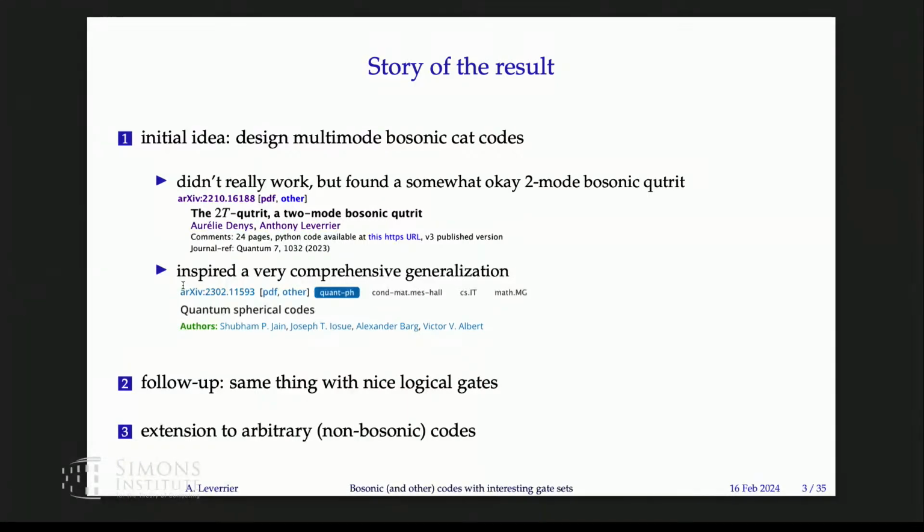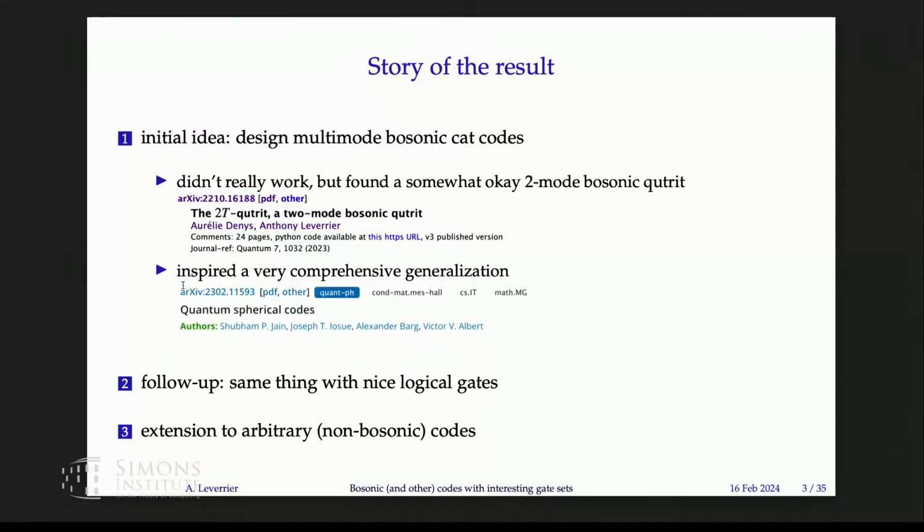It's not great, but we managed to publish it thanks to our reviewers. And then a few months later, Victor and Sasha and their students came up with a very broad generalization of this, the quantum spherical codes. That basically killed the question of finding multimode Bosonic encodings with nice properties.